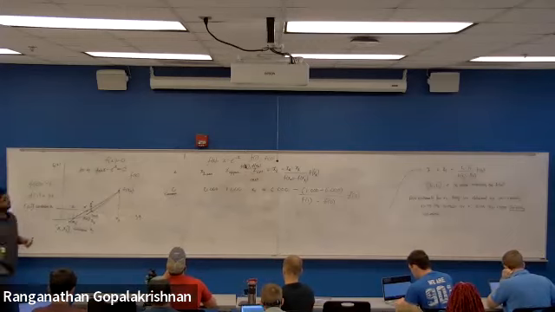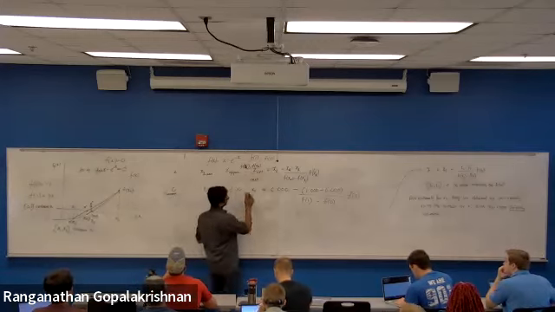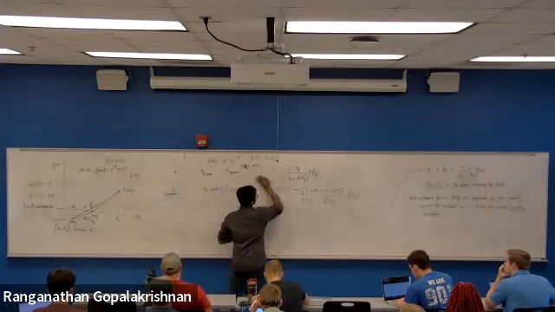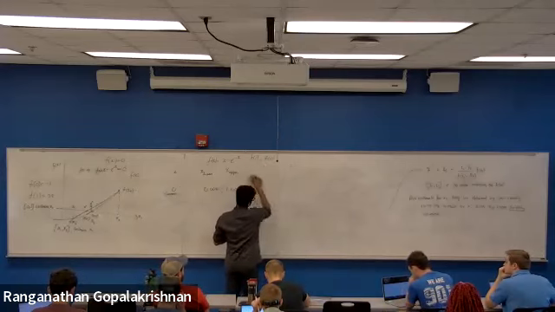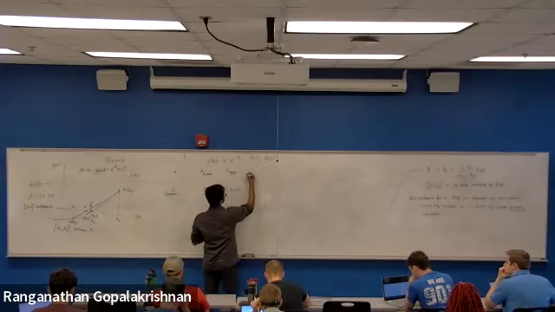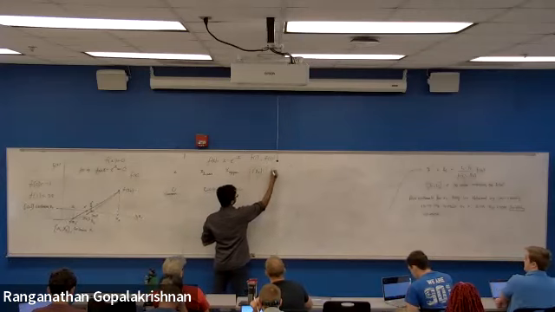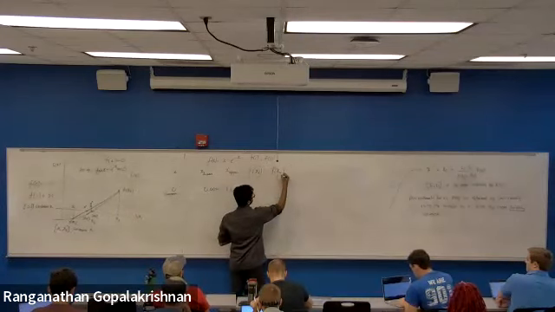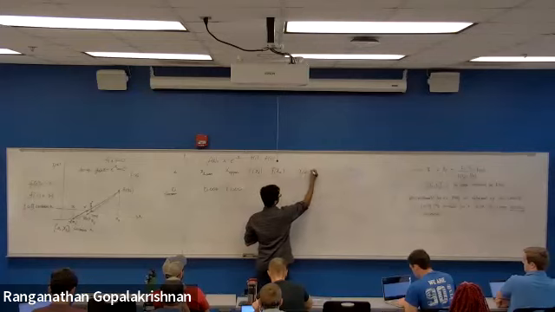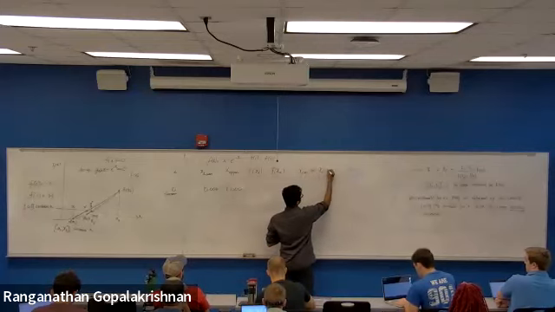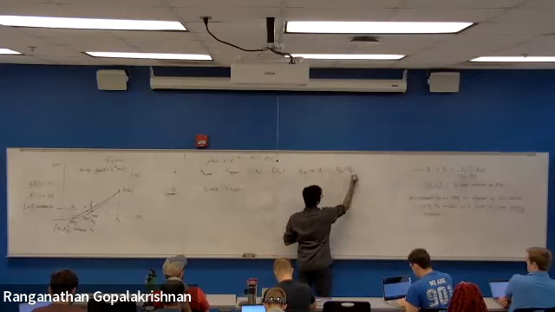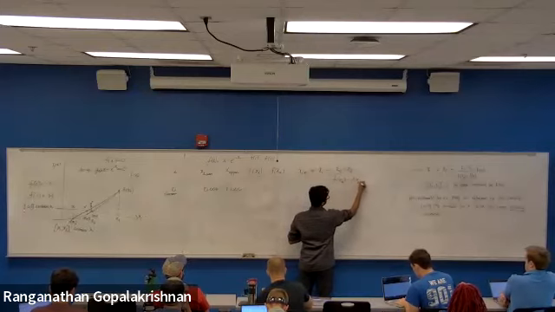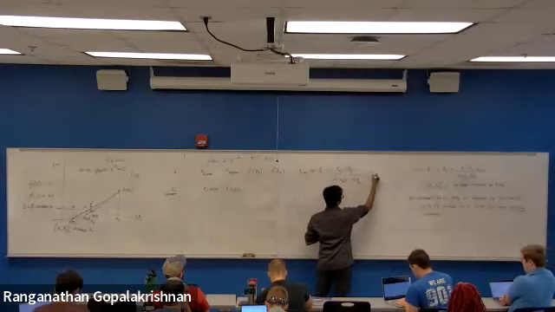I'm going to share my Excel sheet with you so you can also see this on the sheet. f of x lower, f of x upper, and then x i plus 1, which is according to the formula x lower minus x upper minus x lower divided by f of x upper minus f of x lower, times f of x lower.